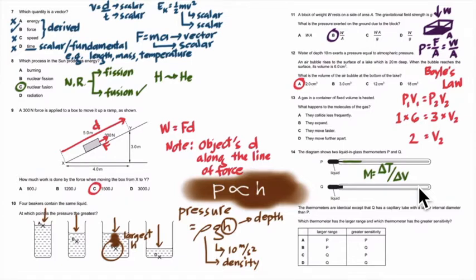Imagine the temperature increases, the volume here expands and takes this space in thermometer P. In the other thermometer Q, assuming it also has the same temperature change, its volume expands the same way. However, because the space here is bigger, you will see this only, which obviously makes thermometer P more sensitive, because you can do more calibrations in here.